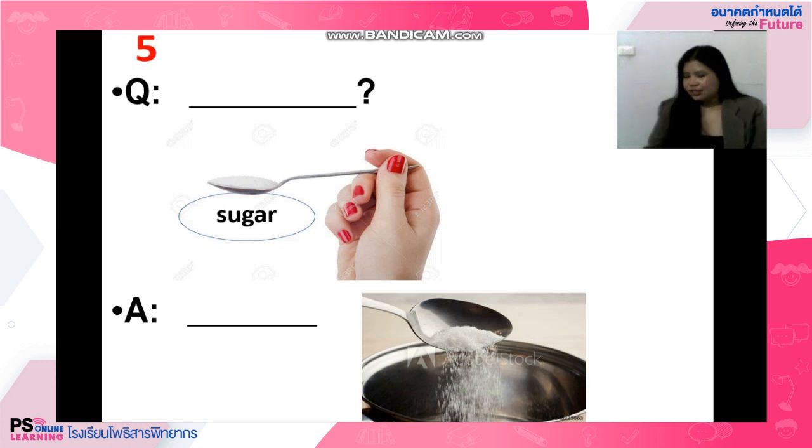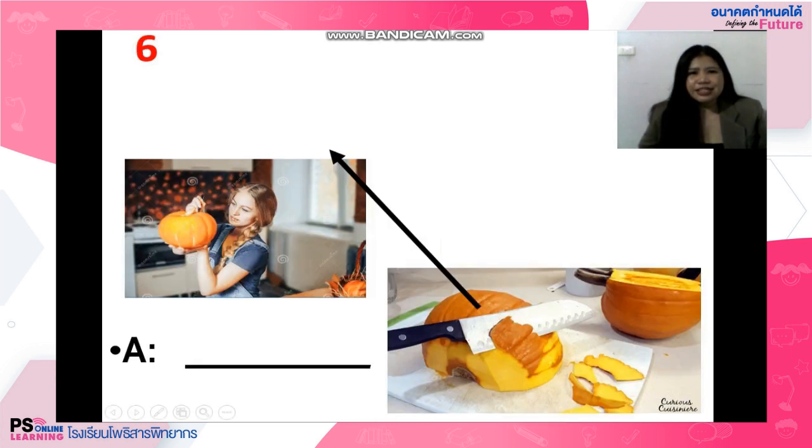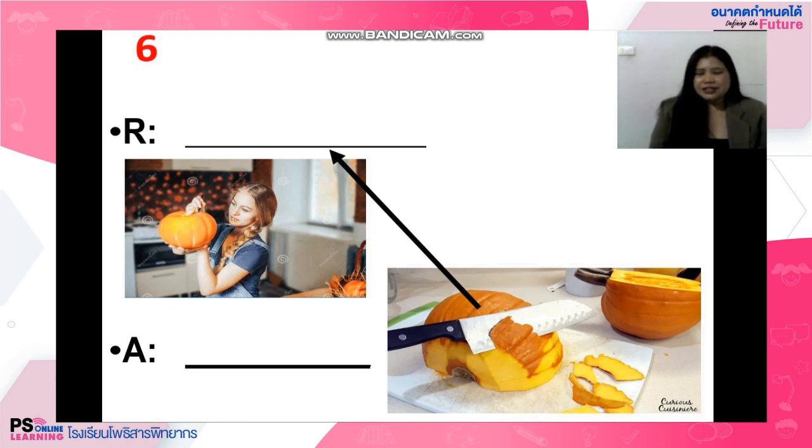Ready for number 6? Number 6. It's a request. Look at the photos and then write a request. What is your request? And then what is your answer? Write the request and write the answer.